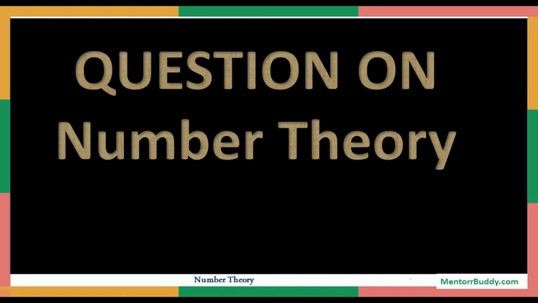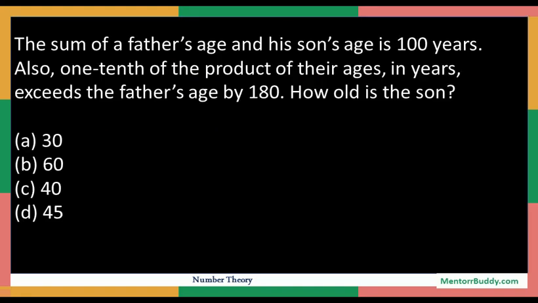Today we are going to discuss a question based on number theory. Now coming directly to the question. The question says the sum of the father's age and his son's age is 100 years. Also, 1/10 of the product of their ages in years exceeds the father's age by 180.